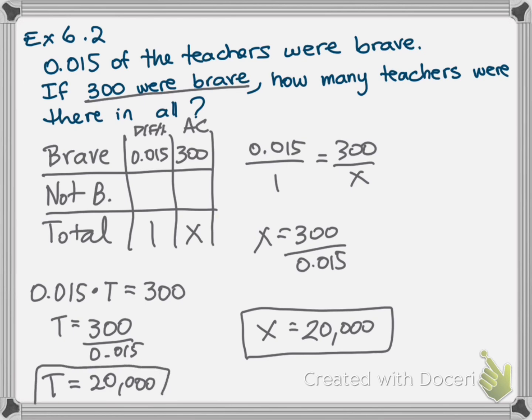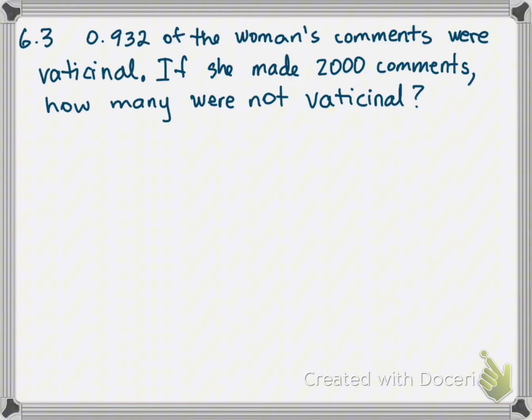You can do either way. What you have to know and be sure of is that the part or the percentage or the fraction that they're giving you represents the same category as here. So brave, brave.